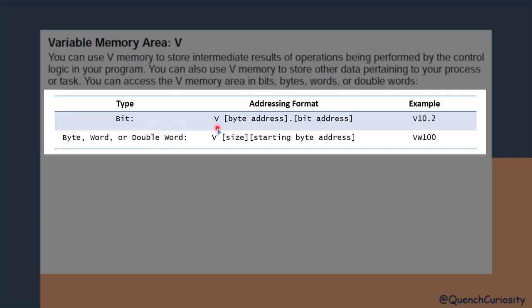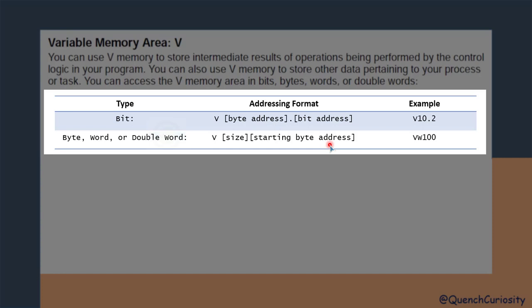Now, apart from this bit addresses, when coming to variable memory area, we will be basically playing around with byte, word or double word addresses. The addressing format of them will be V, size type, then starting byte address.